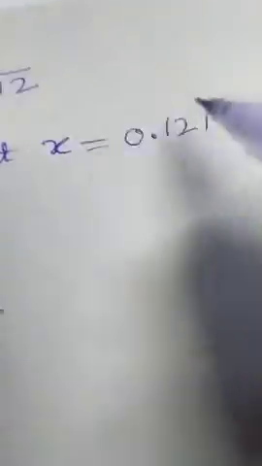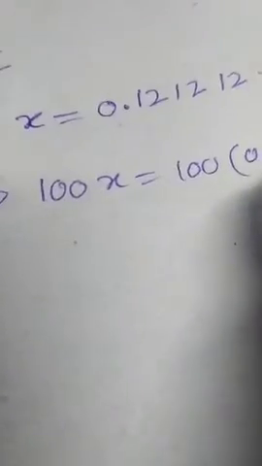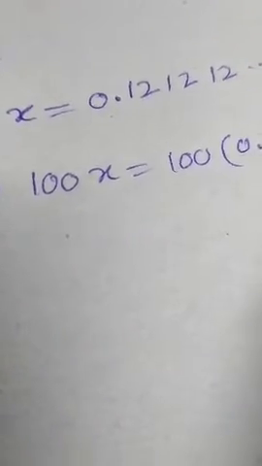So what you will get? 12, 12, 12, and so on. 12 is recurring. 2 digits are repeating. How many digits are repeating? 2 digits. So by which number do we have to multiply this equation? By 100. 100 into x, 100 into 0.12, 12, 12, and so on.